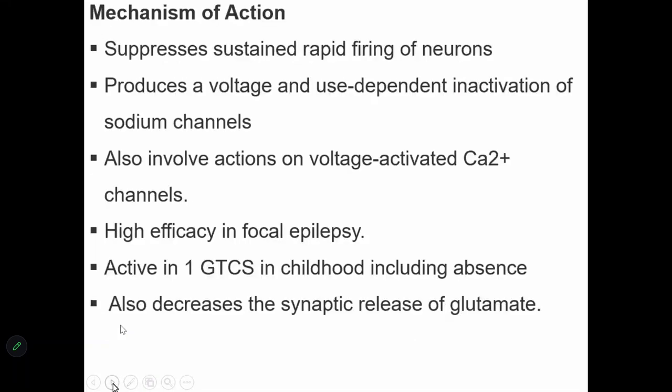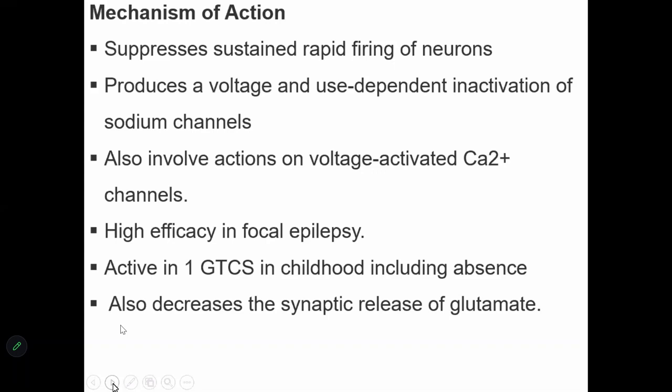It suppresses the sustained rapid firing. That means it acts at the cell membrane level. It can also produce voltage and use-dependent inactivation of sodium channels. That also occurs at the cell membrane level. It also acts on the voltage-activated sodium channels and may be used a lot in what we call focal epilepsy.